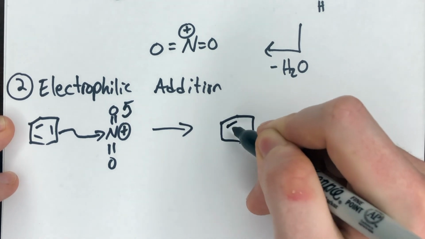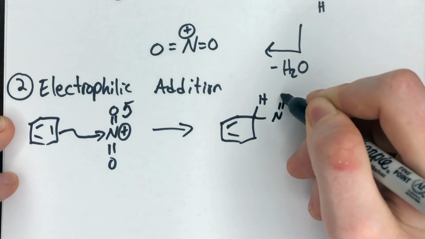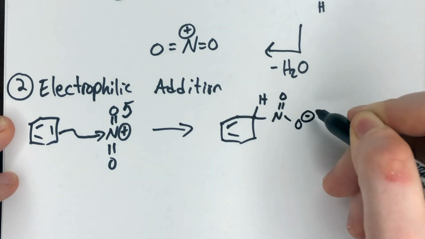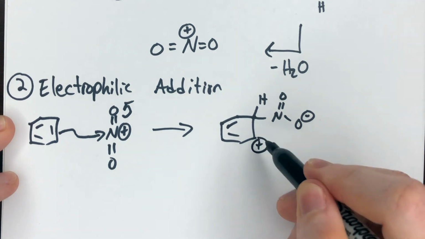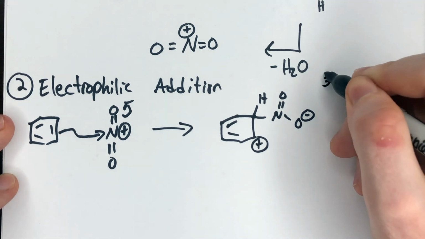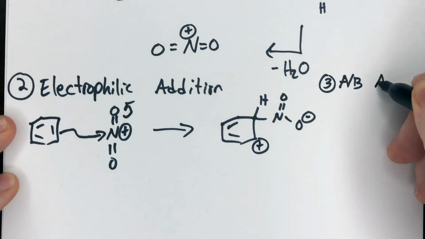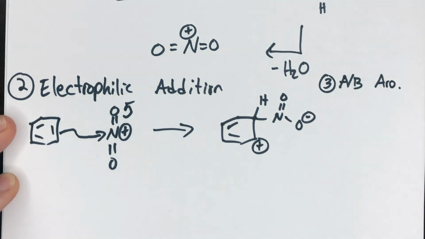And then we now form NO2 on the benzene and a carbocation. And this is the end of the electrophilic addition step. And now 3, we'll do the acid-base step to reform aromaticity. So I'm just going to abbreviate it heavily this time. Acid-base aromaticity.